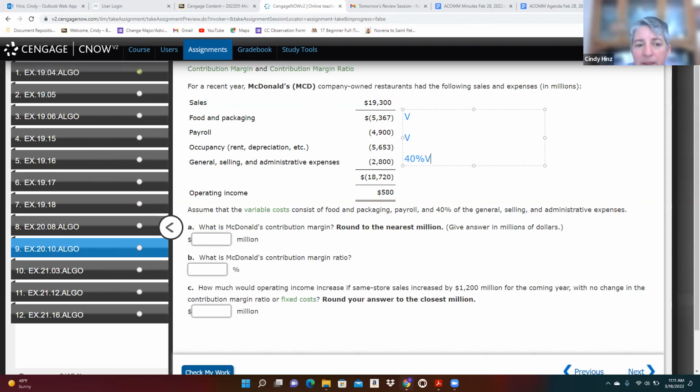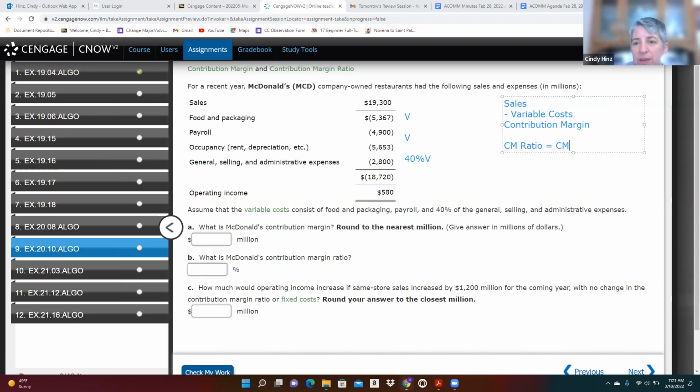So we're asked to find McDonald's contribution margin. So let's review what contribution margin is. If we start with our sales or revenues and we subtract our variable costs, that is our contribution margin. And then we're also going to be asked contribution margin ratio. So I'll remind you of the formula for that.